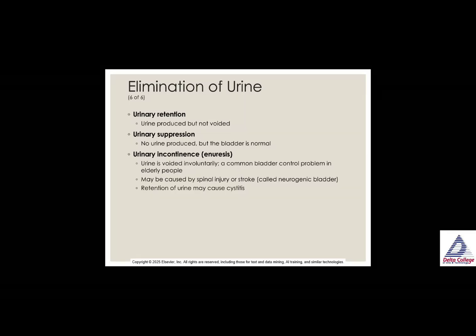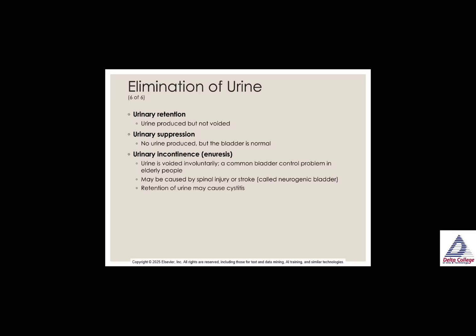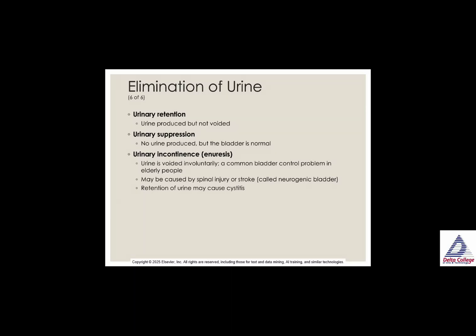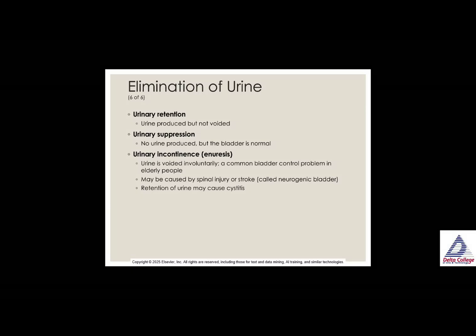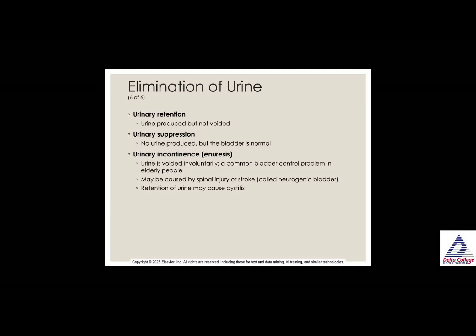The term urinary retention is retained urine. That means urine is produced, it's in the bladder, but it's not being voided. It's not being urinated out. Urinary suppression means there's no urine produced, but the bladder is normal. Urinary incontinence is also called enuresis, and this is where urine is voided involuntary.